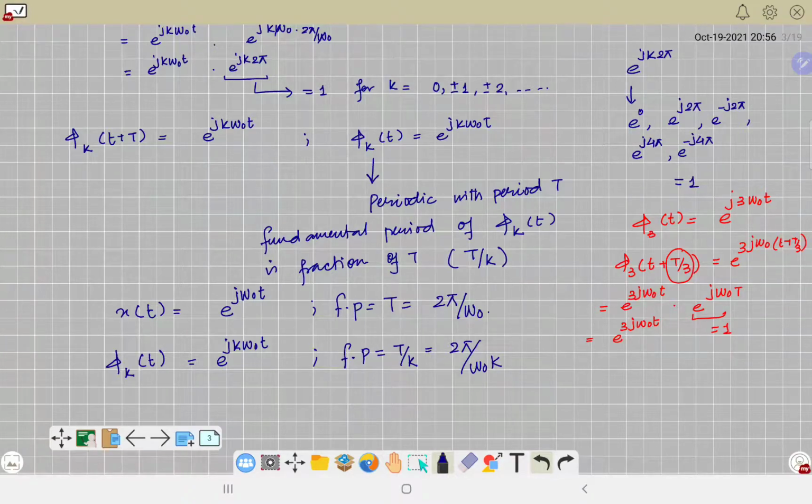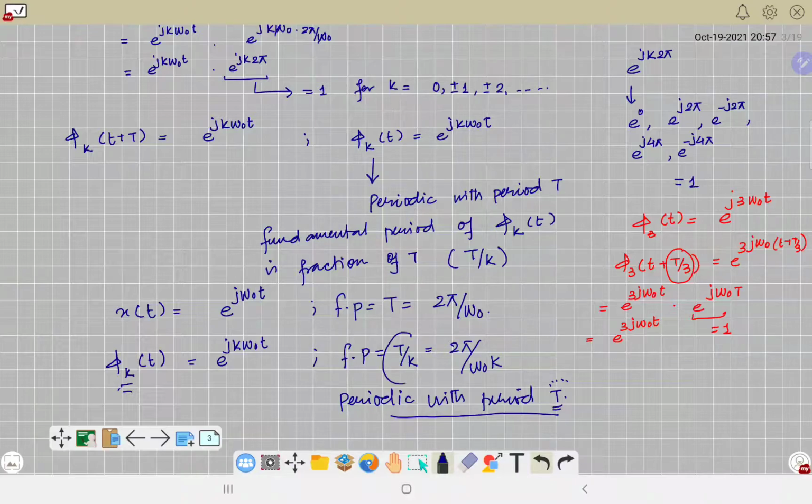Having said this, it will also be periodic with period T. Please remember, we define fundamental period as the smallest positive value of this time period for which the signal repeats. So although this signal is again periodic with period T, its fundamental period is a fraction of this period T. Okay?